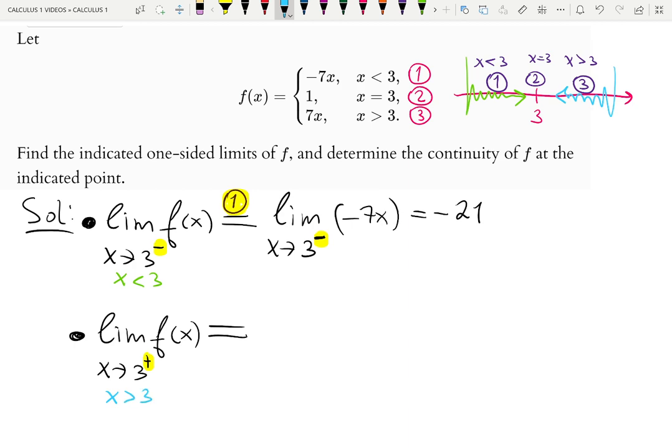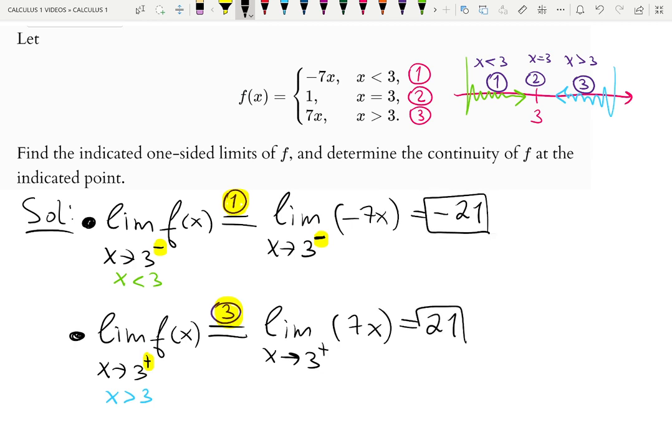From my sketch, or literally from this notation that x is larger than 3, I know that I need to choose equation number 3. Do you agree with me? And that's all. After this, I need to substitute 3 into the equation I have to work with. In this case, it is 7x. 7 times 3 is 21. Answer number 1, answer number 2.